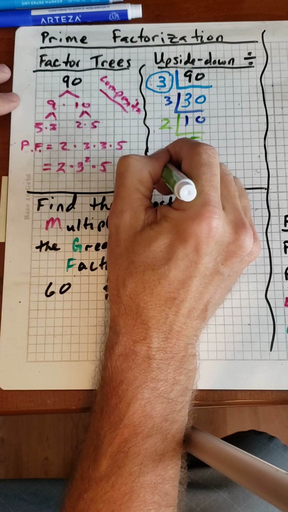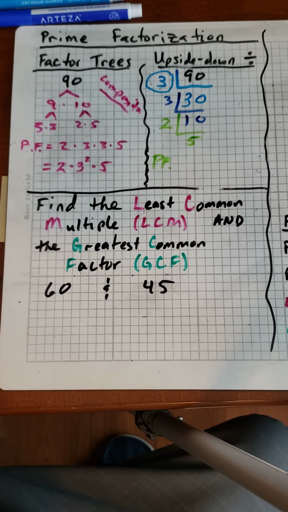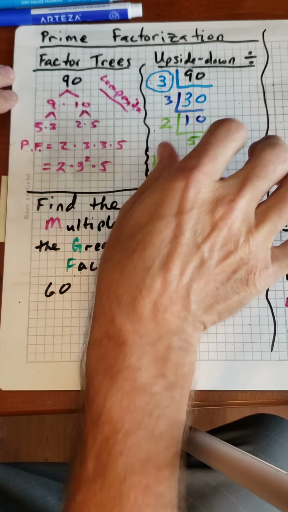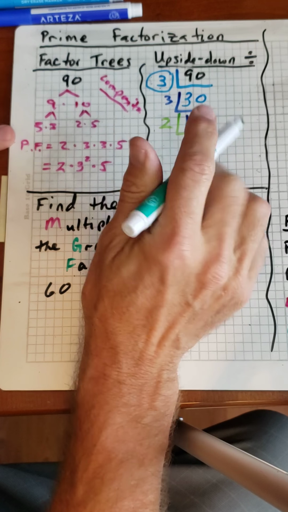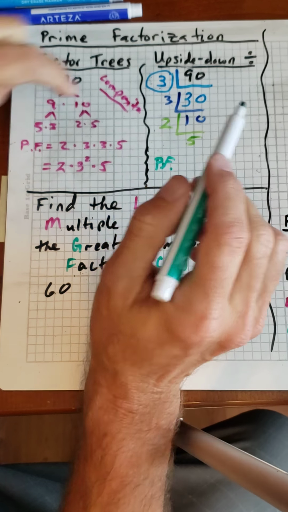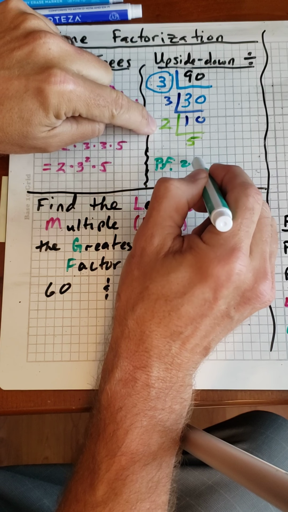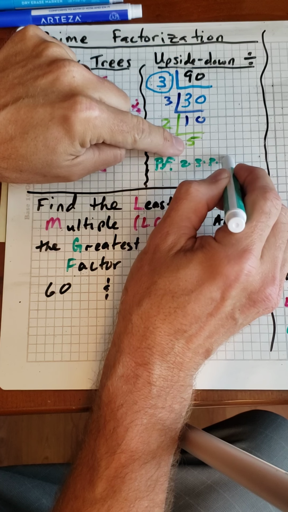So my prime factorization is all of the numbers that are on the outside. Actually, I'm not going to use that color. I don't think that shows up real well. It's all the numbers on the outside of my upside down division. So my prime factorization is 2 times 3 times 3 times 5.